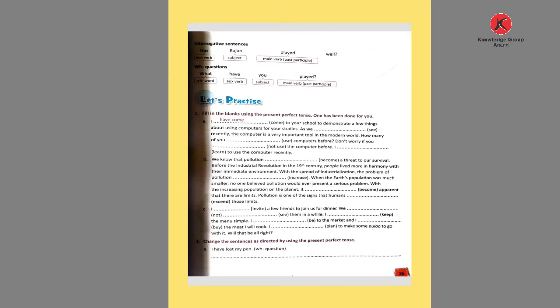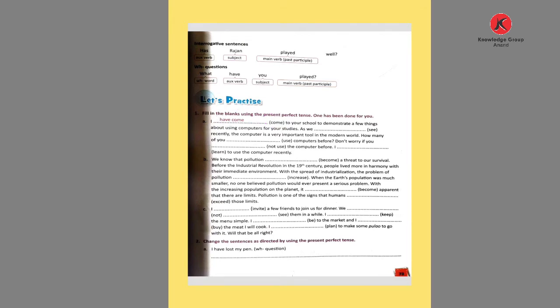Let's see the exercise given. Fill in the blanks using the present perfect tense. One has been done for you. Here use the subject I with the auxiliary verb have and the past participle of the verb given in the bracket, come. So, I have come.